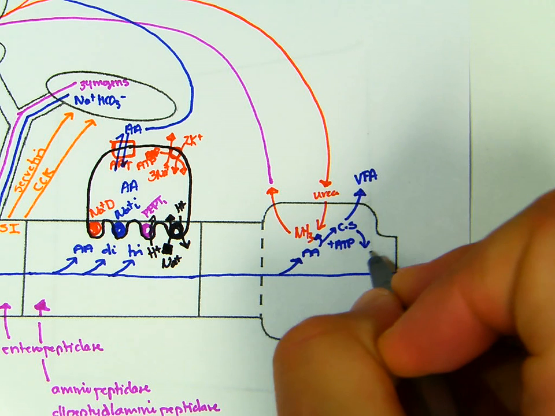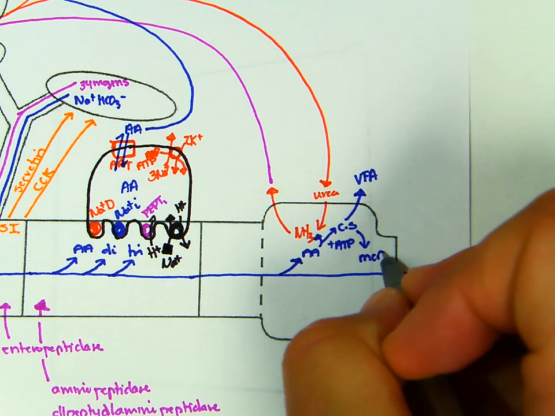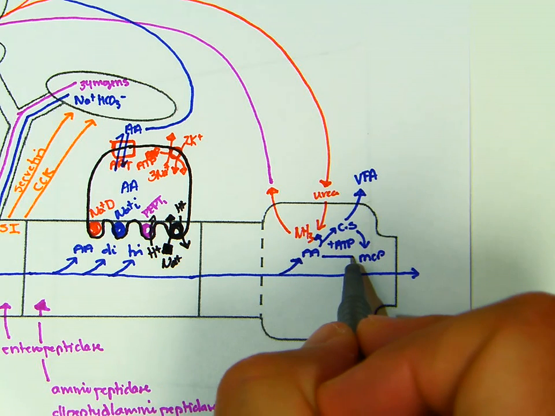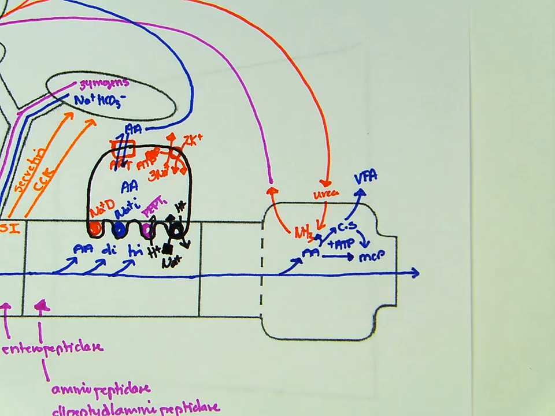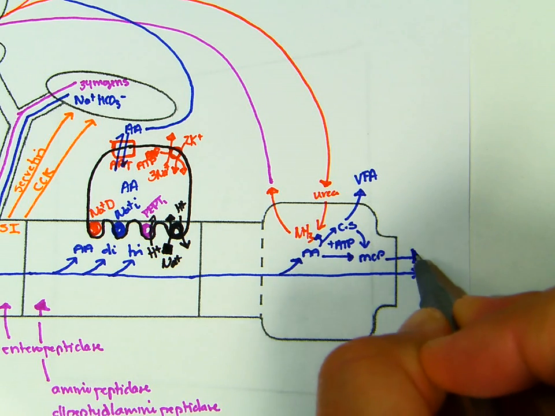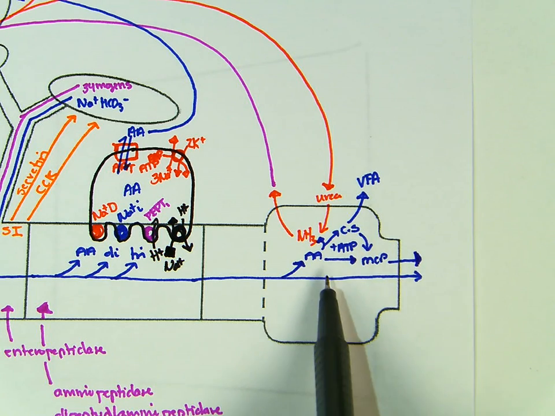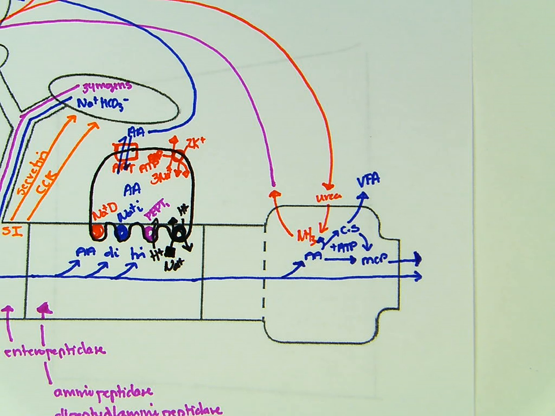They could also use it, plus some ammonia, to synthesize MCP. Or we could directly take this amino acid and use it for MCP, and that gets excreted in the feces. Okay, but any digestion that's going to occur is a result of microbial activity, and that could be digestion of feed protein as well as endogenous proteins.